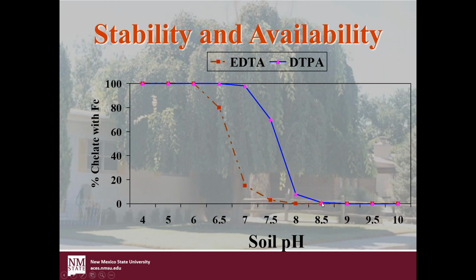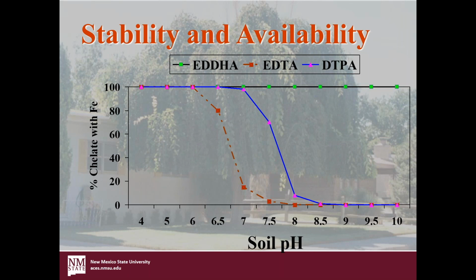By 8.5, it's totally gone pretty much and does not do the job that it needs to do. So it's important to know that pH. The saturated paste pH is important. You get a slightly different number. I think that it's a much more reasonable number to use.